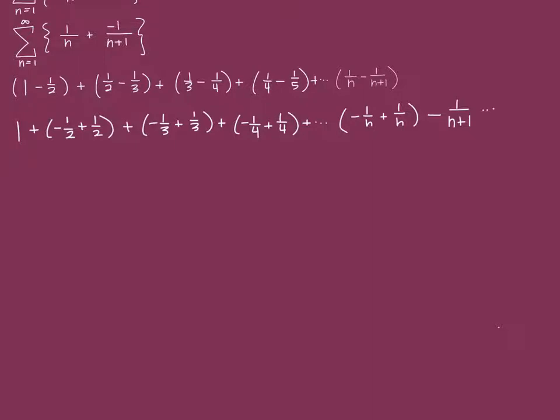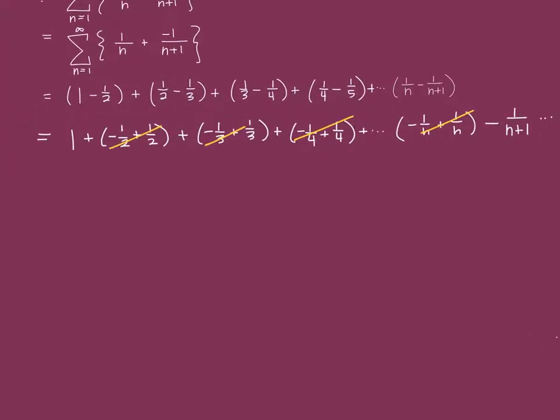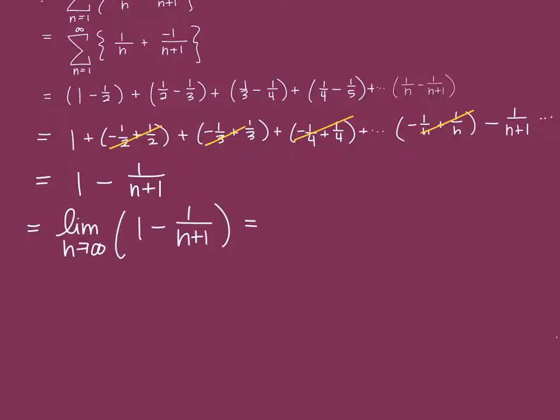So we see what happens is the collapsing of terms. All the parentheses collapse to a value of 0, leaving me with 1 minus 1 over n plus 1. So I want to take the limit of that as n goes to infinity, which is pretty obvious.